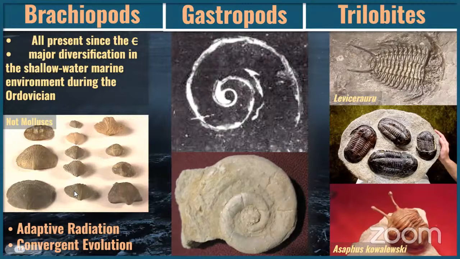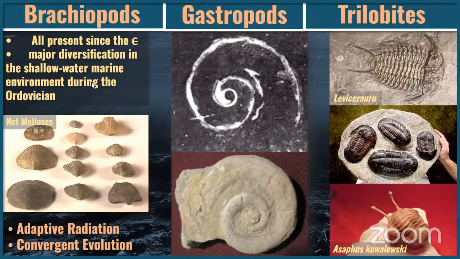So they're going out, and just like those trilobites, they're occupying a lot of different niches. We're seeing adaptive radiation now that we have plenty of space in these warm shallow seas that are really present geographically. And we see that they have this sort of convergent evolution with the bivalves in our mollusk phylum.